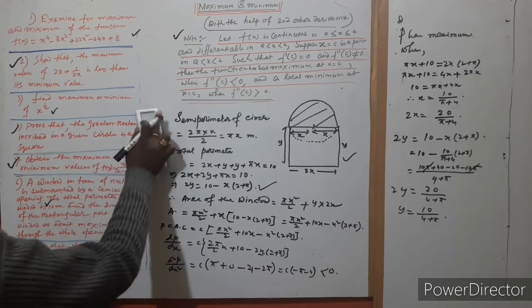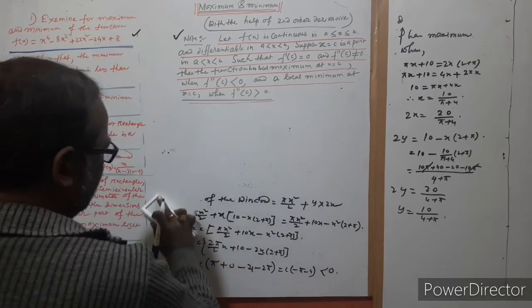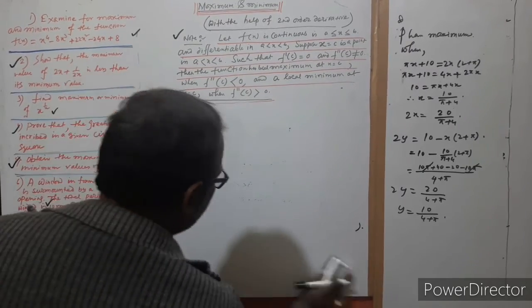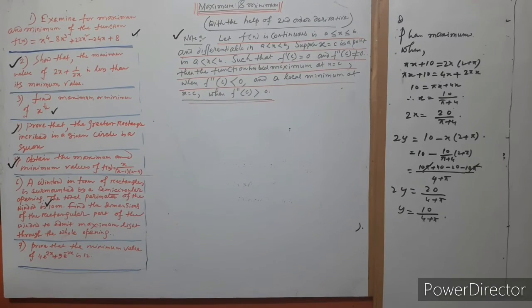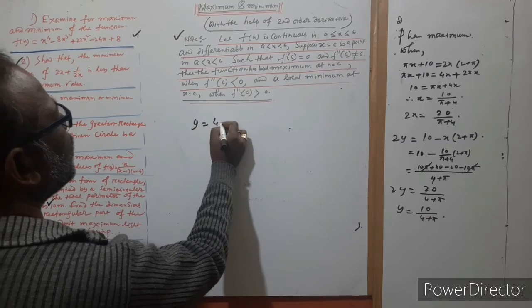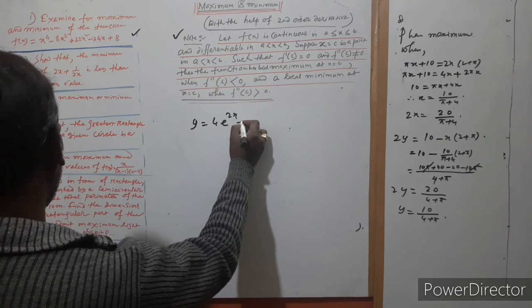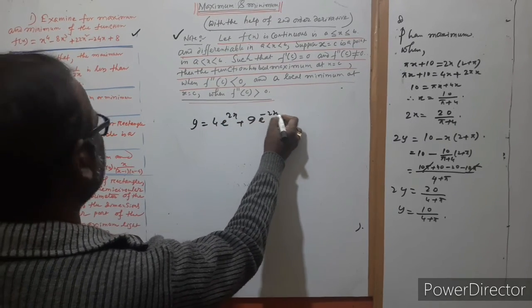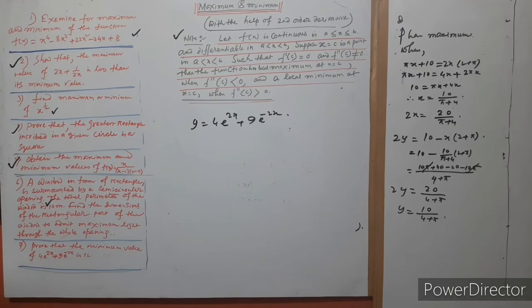And now proceed to the last question, and this is a very easy question. And see, this is a function y equal to 4 into e to the power twice x plus 9 into e to the power minus twice x, and now we have to show the minimum value of that is 12 actually.